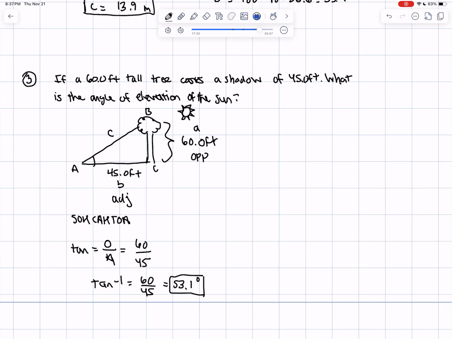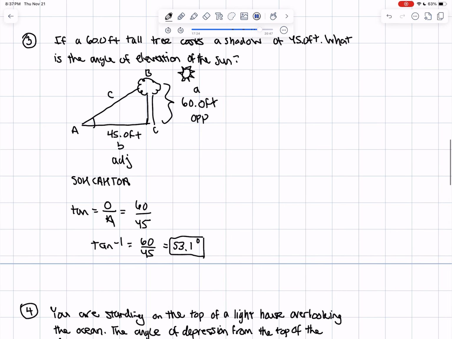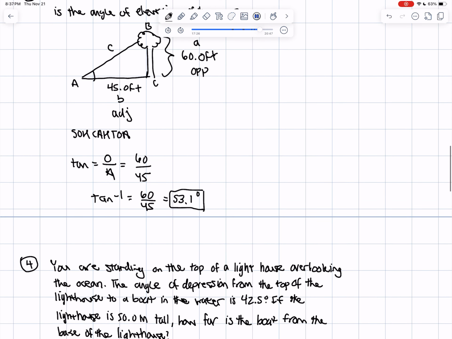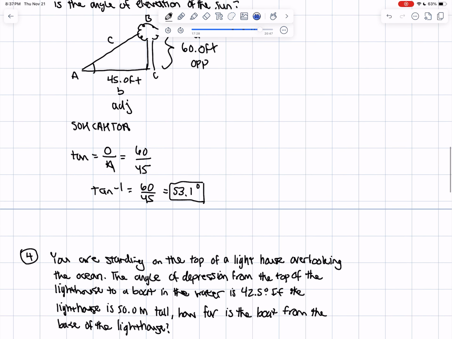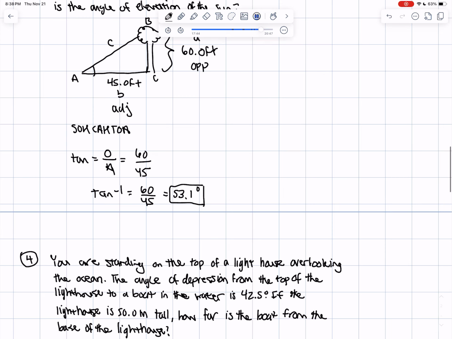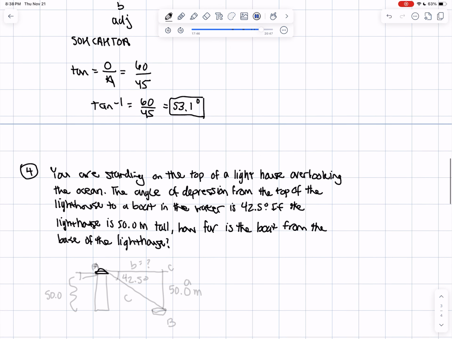But then let's do an example of depression instead. Okay, let's try this example. You are standing on the top of a lighthouse overlooking the ocean. The angle of depression from the top of the lighthouse to the boat in the water is 42.5 degrees. If the lighthouse is 50 meters tall, how far is the boat from the base of the lighthouse? So we'll draw this out. Let's draw our lighthouse here.